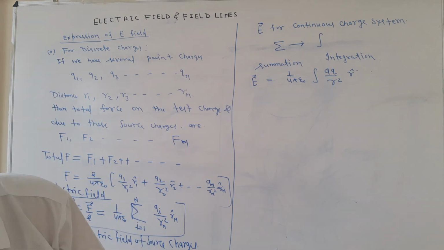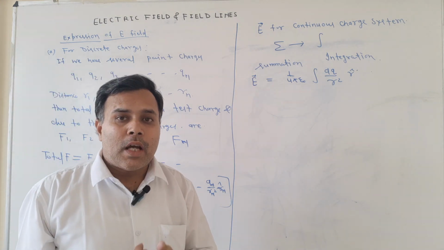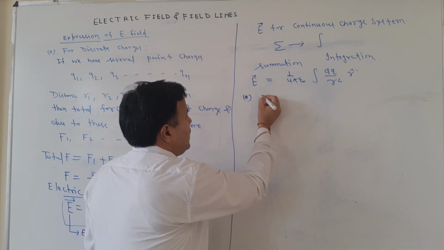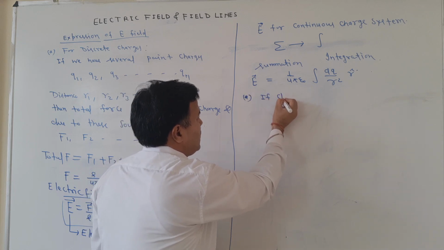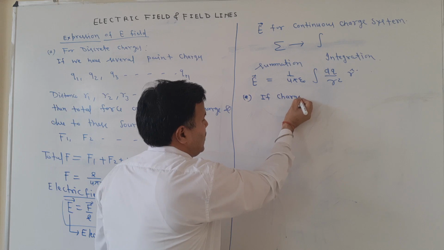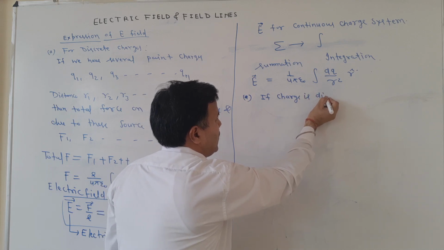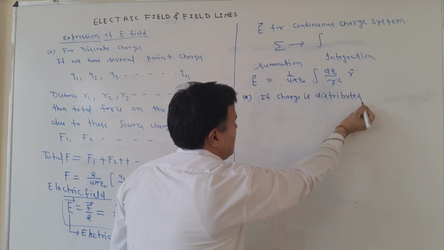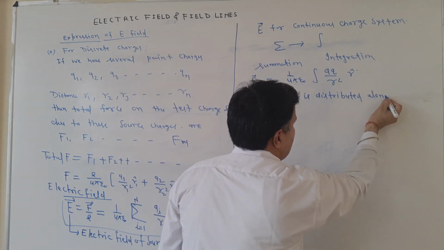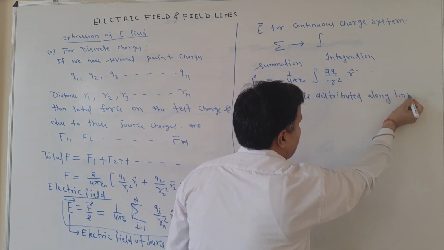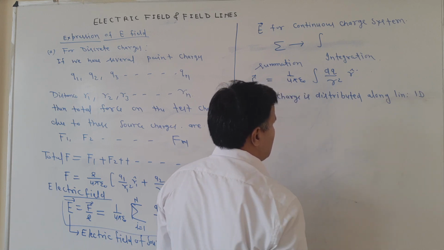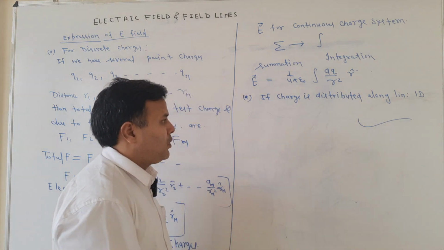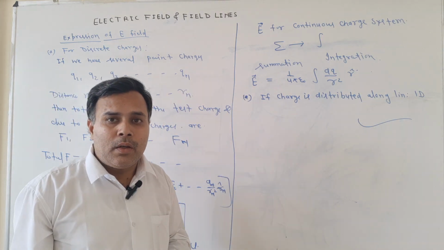Now we have three different situations. Case A: if the charge is distributed along a line, which is a one dimensional situation, what is the profile of dq?